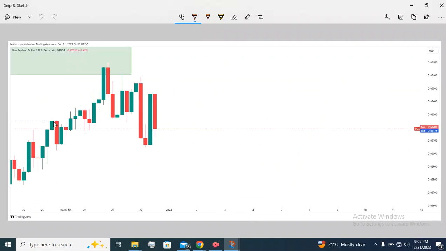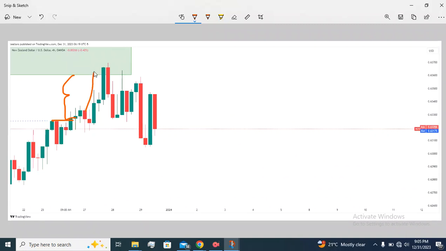Then the market, all this around here, this kind of manipulation, all this place. So we normally expect, after the sweep of liquidity, manipulation. The market always moves in that direction with a bigger momentum.